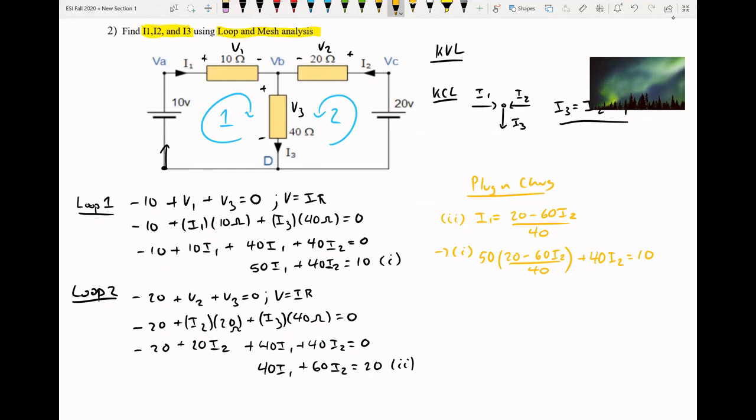And if we actually do 50 divided by 40, this will be 1.25. 20 minus 60 I2 plus 40 I2 is equal to 10.